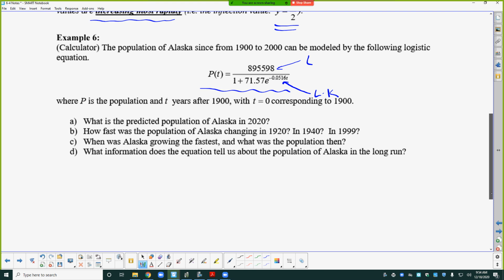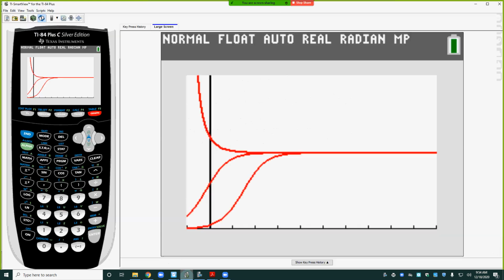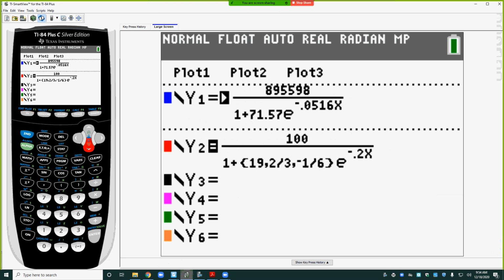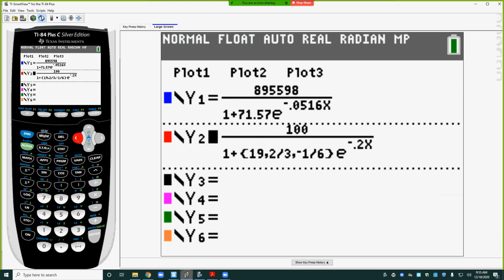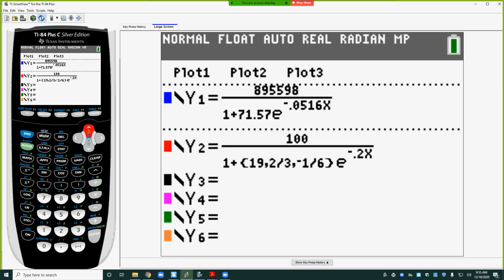What is the predicted population of Alaska in 2020? Well, let's go ahead and graph it. You can go into fraction mode by doing alpha F1.